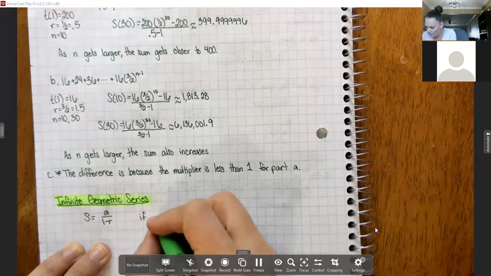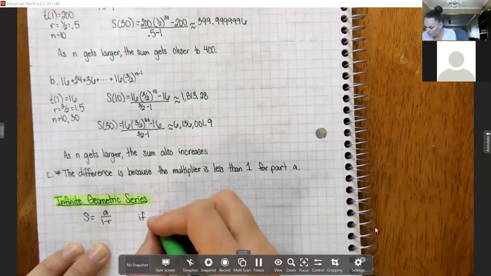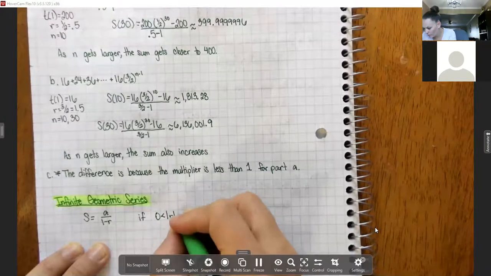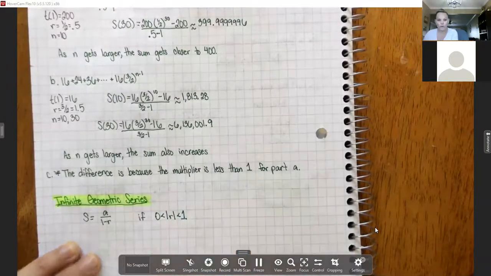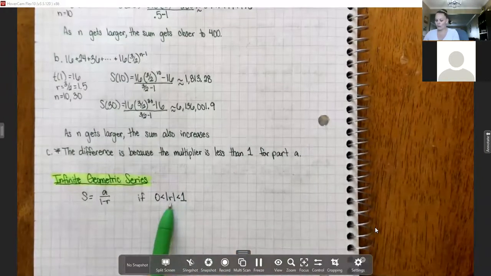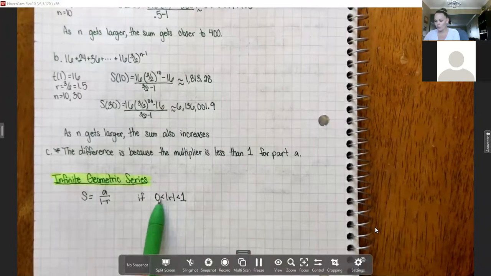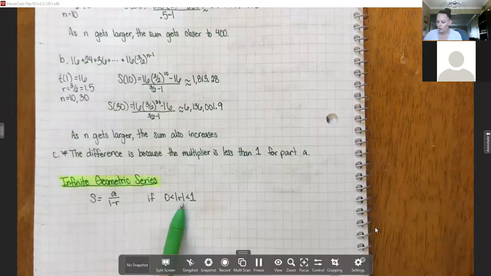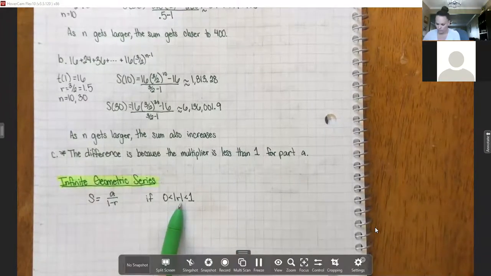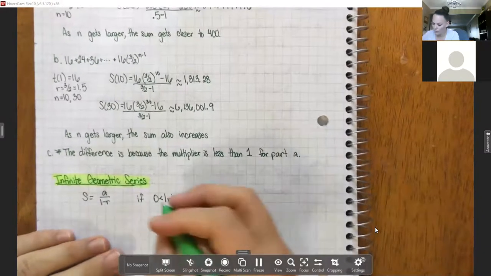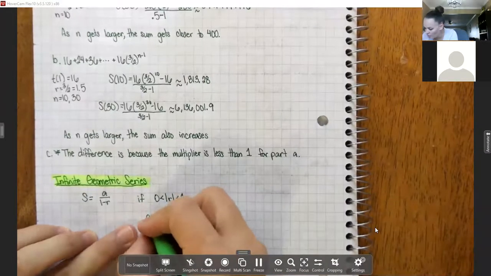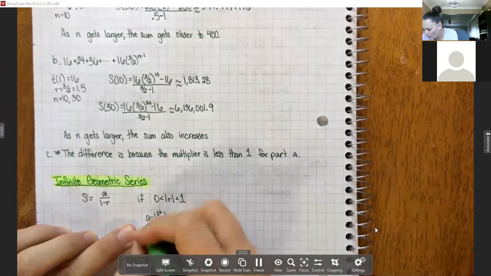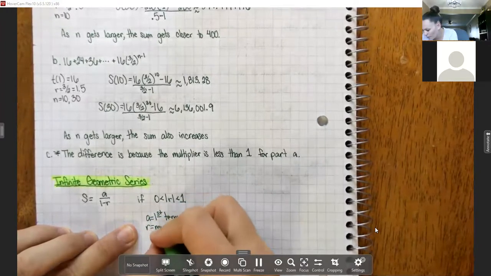If the absolute value of the multiplier is between 0 and 1, then here A equals the first term and R equals the multiplier.